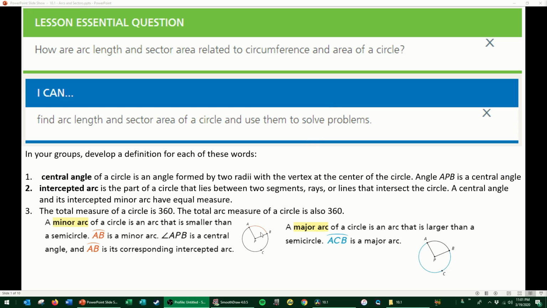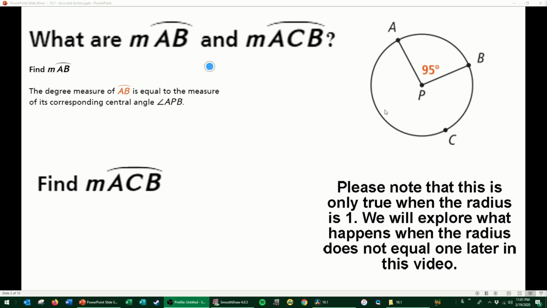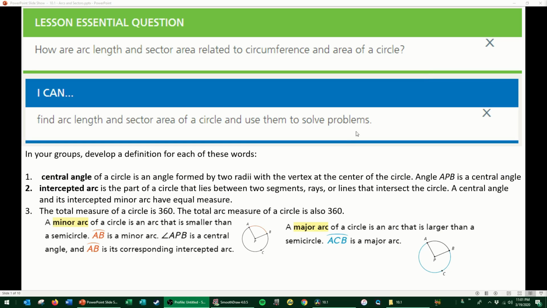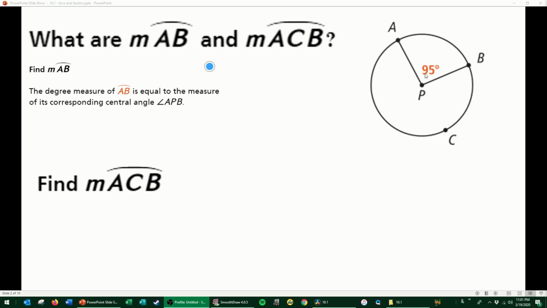Well, if we go back here, we know that a minor arc of a circle is an arc that is smaller than a semicircle, that is, smaller than 180 degrees, as it shows. It also tells us that whatever this angle is, this arc measure is also the same thing. So the degree measure of arc AB, and that's what this symbol means. See how it has curvature instead of a straight line?